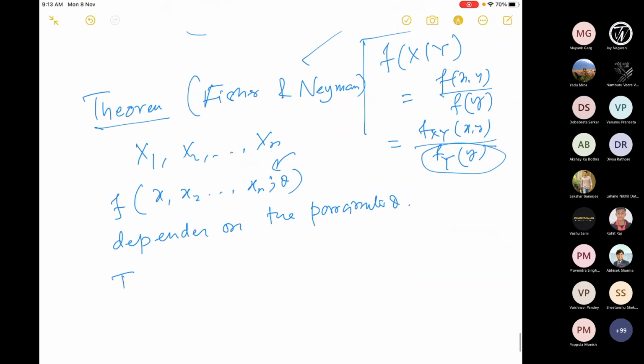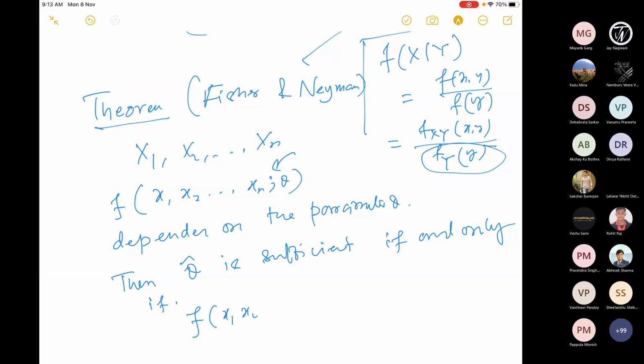Then theta hat, an estimator for theta, is sufficient if and only if this joint distribution can be factored as a function of theta hat times a function of x1, x2, xn.